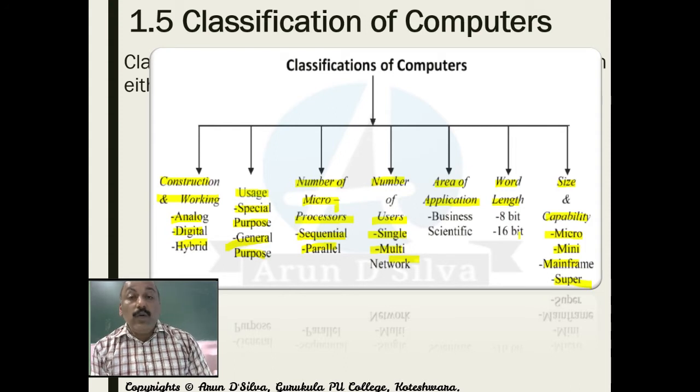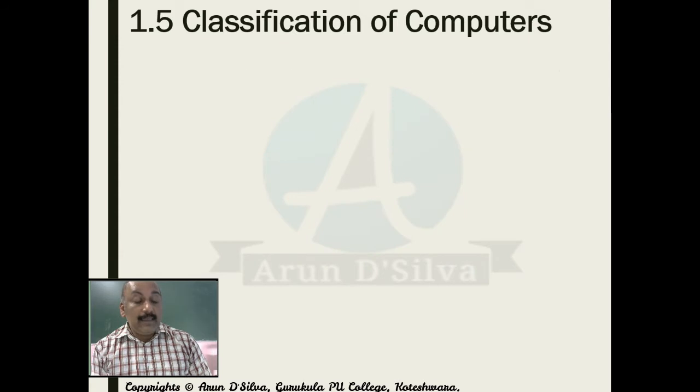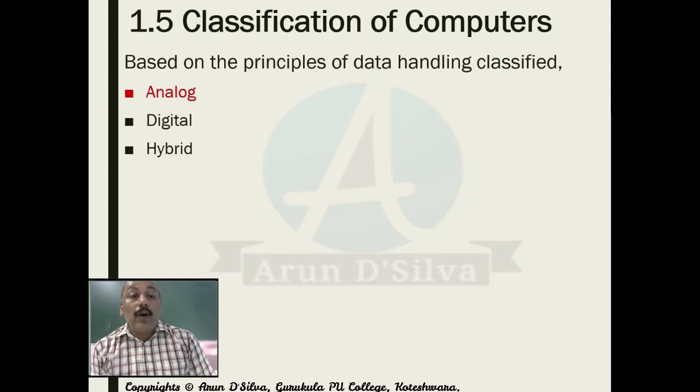So, going forward, based on the principle of data handling, computers can be classified in three ways, as I told you. The first one is analog, the second is digital, and the third is hybrid. What is analog, when the question comes to your mind?